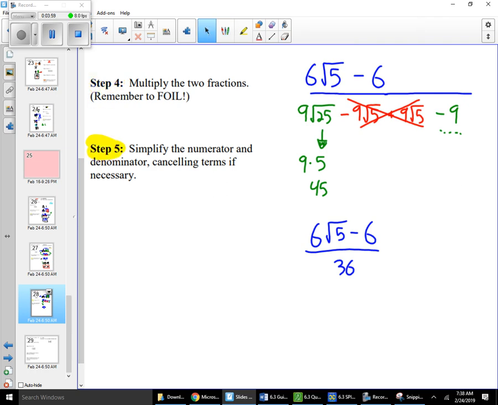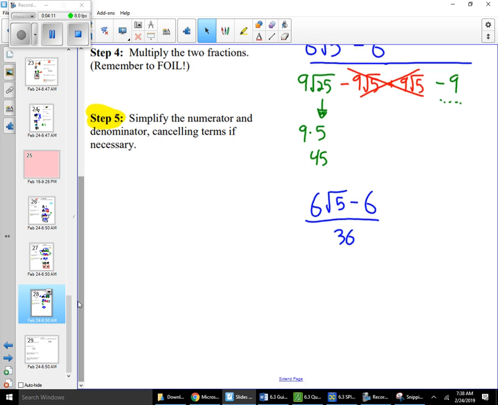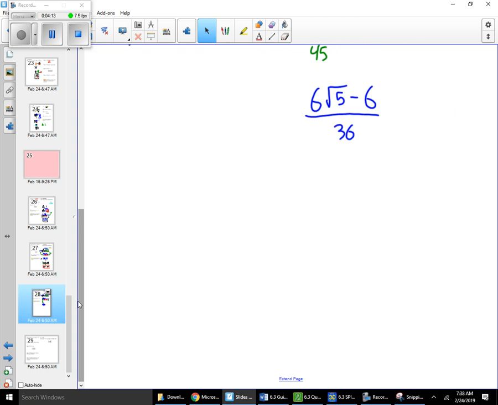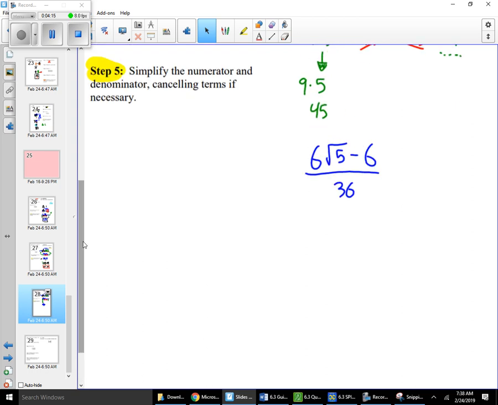Step 5, just like last time, if you recognize this right away, rockin'. You've got 2 6's in the numerator and a 36 in the denominator. Those all have a common factor, and that common factor is just 6. So if you notice that one, rock it. You can factor that 6 out of the numerator, leaving us with a root 5 minus 1.